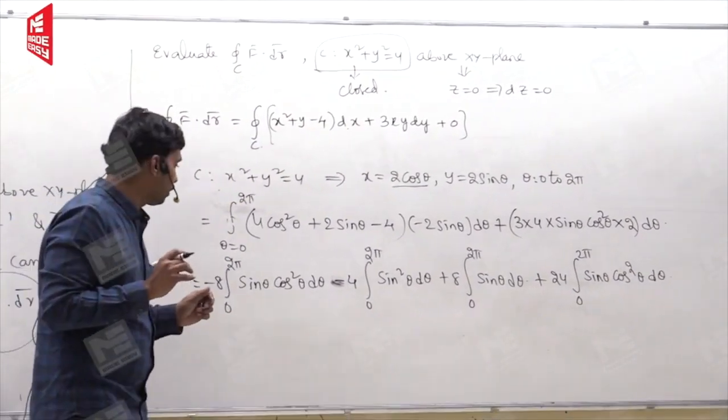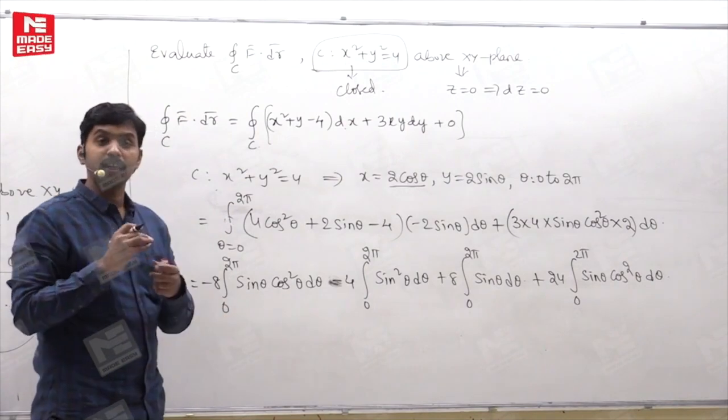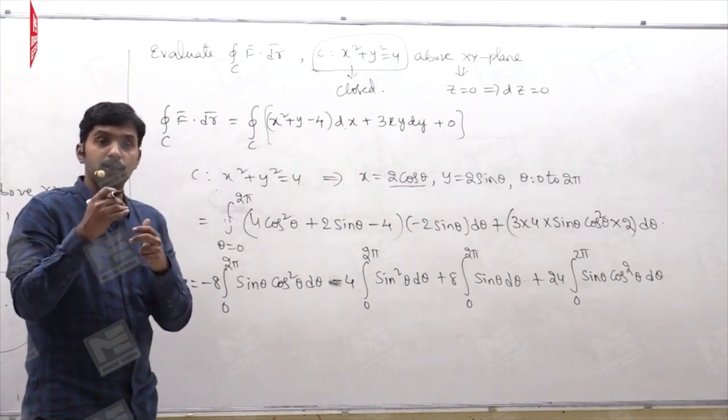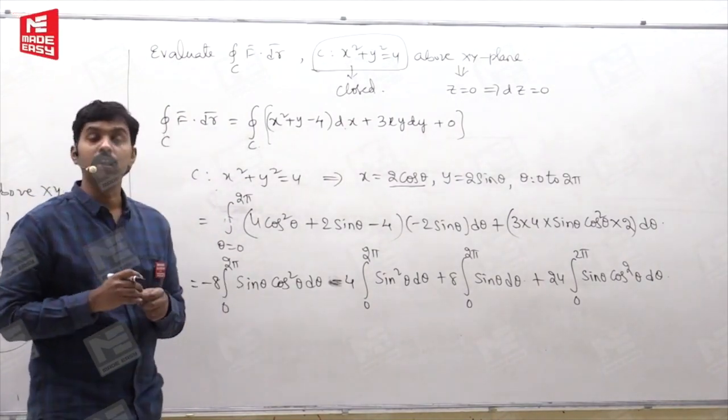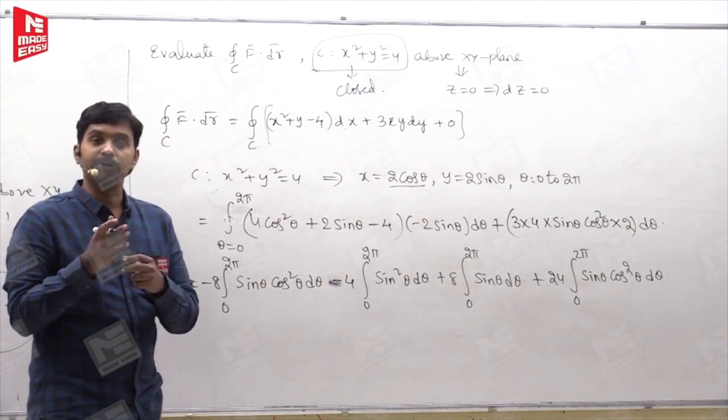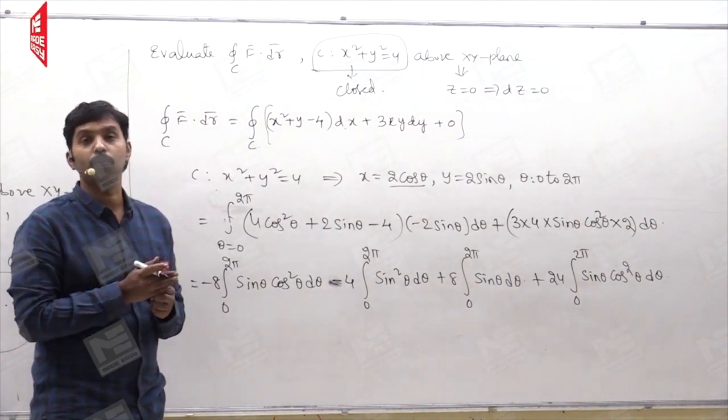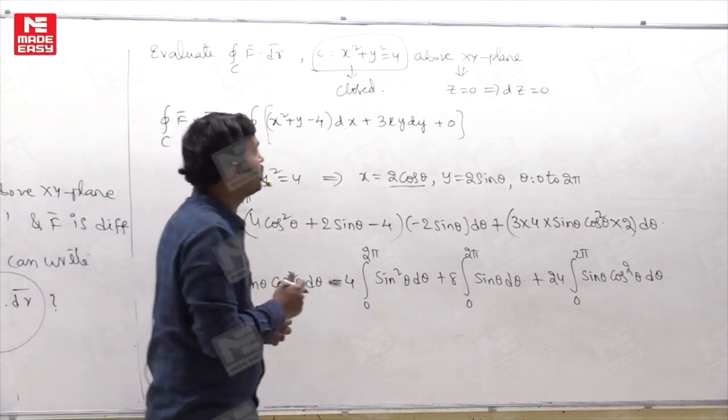Fine. Okay. Whenever the integral limits are 0 to 2 pi or 0 to pi for the sine theta cos theta, we have to always check whether it can be reduced into 0 to pi by 2 or not. How to check this?